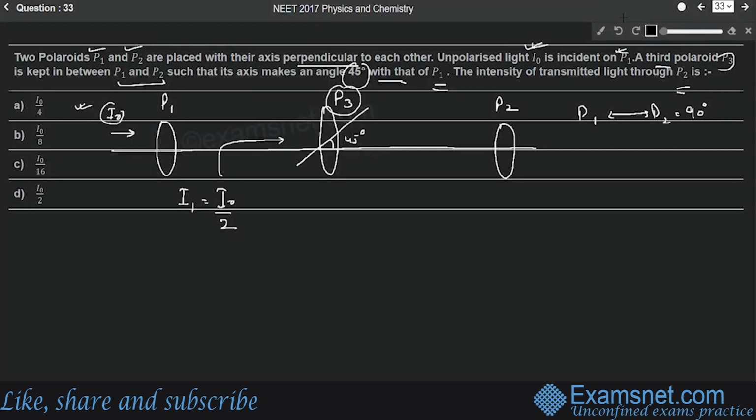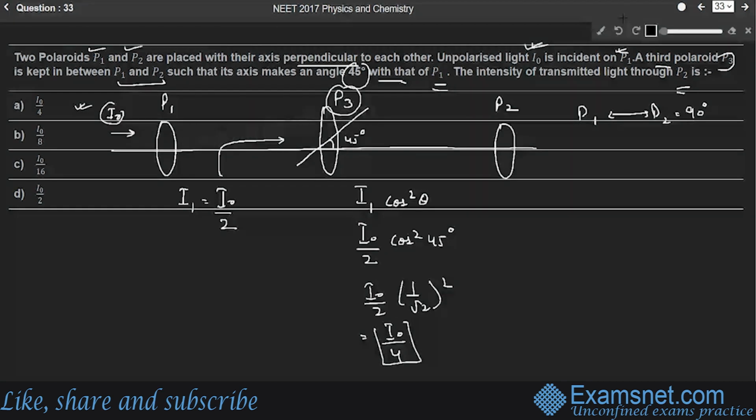The light that will come out of this P3 will have the intensity I1 cos square theta, and I1 is I0 by 2. Theta is 45 degree, so cos square 45 degree. Cos 45 degree is 1 by root 2, so 1 by root 2 square. So it will be equal to I0 by 4.